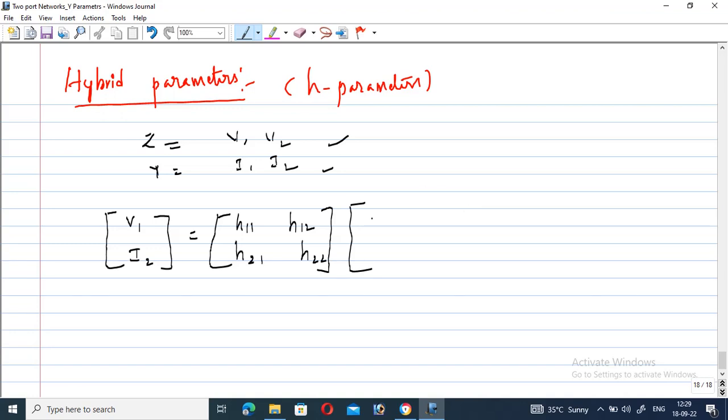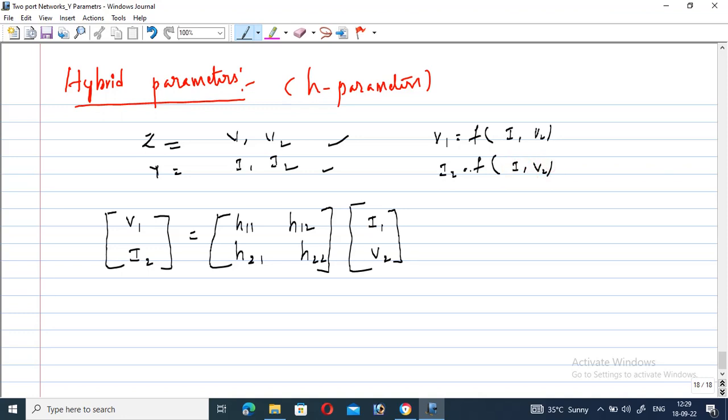Now it can be represented in functional format: V1 is a function of I1 comma V2, as well as I2 is also a function of I1 comma V2, right?